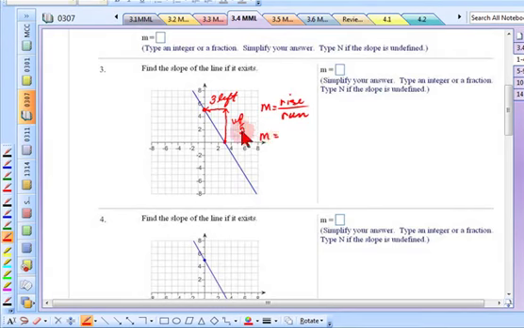The rise is 5. And would you consider up to be a positive or a negative direction? Positive. The run is 3 to the left. Would you consider that positive or negative? To the left should be negative. So there is my slope.